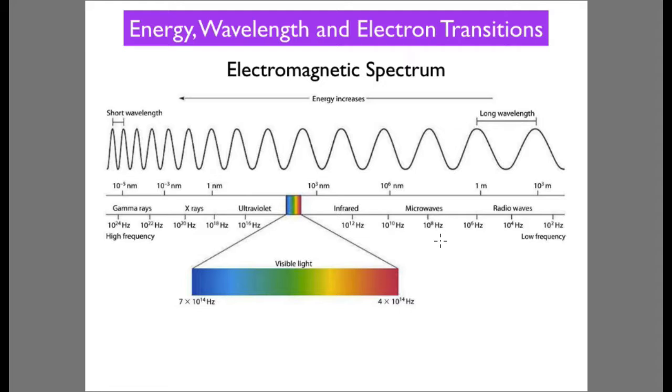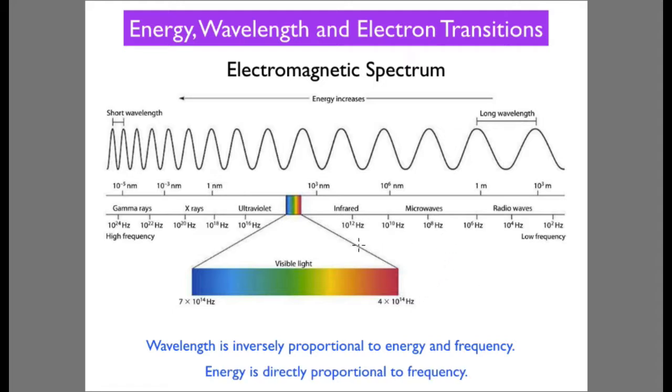Let's have a look at the electromagnetic spectrum, a bit of a recap. Wavelength is inversely proportional to energy and frequency. We can see also that energy is directly proportional to frequency. If energy increases this way, then wavelength gets shorter because they're inversely proportional.